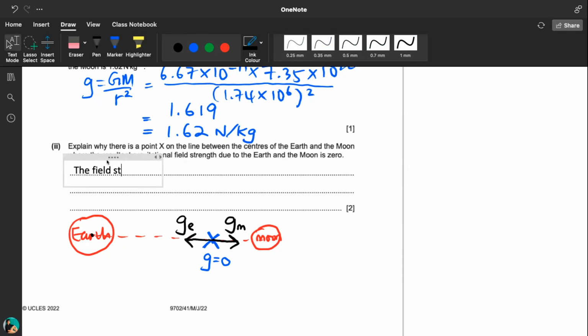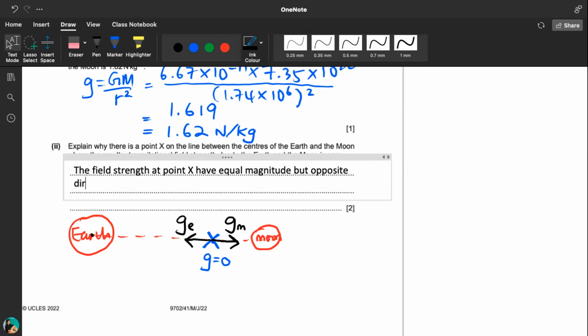The field strengths at point X have equal magnitude but opposite direction. Okay, the idea that g is a vector quantity.